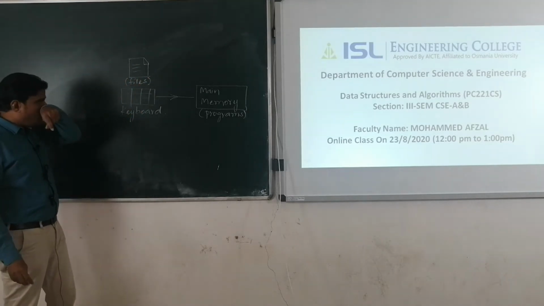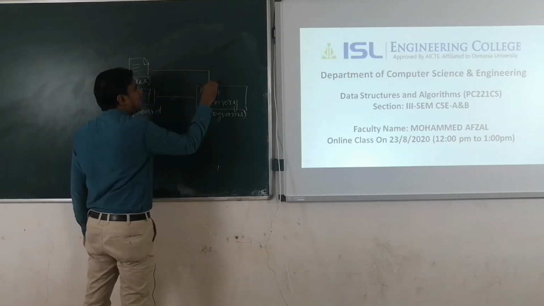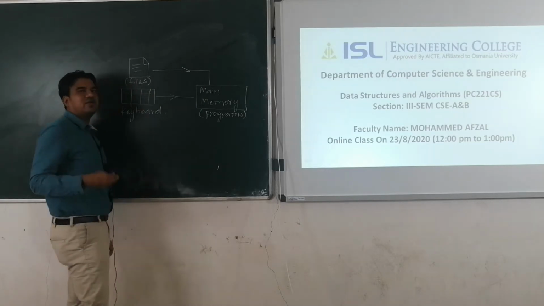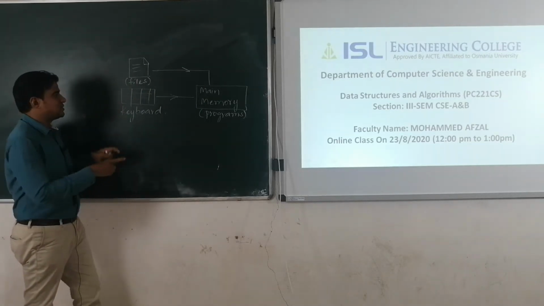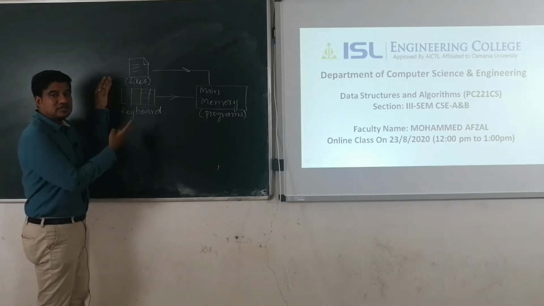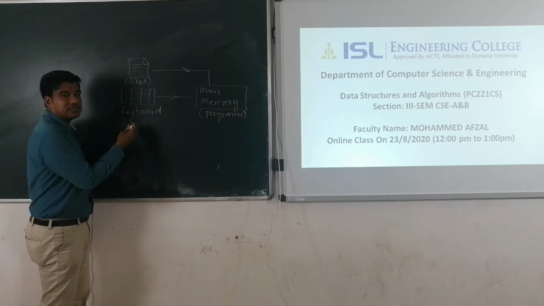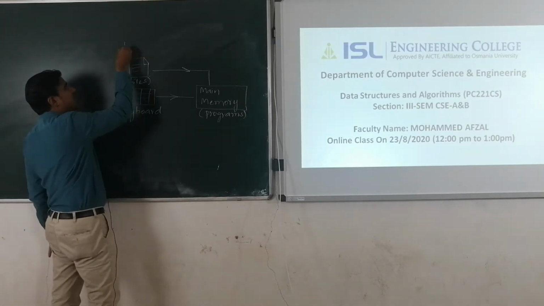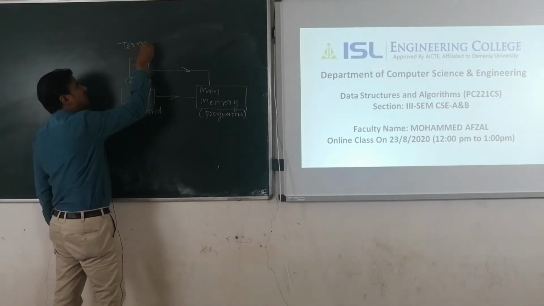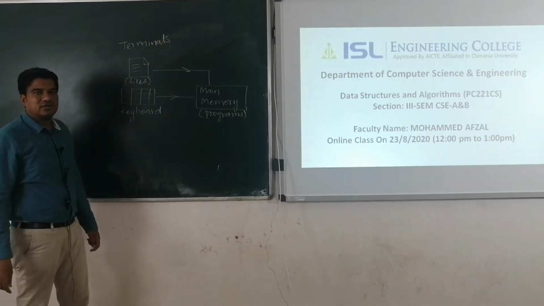How many possible input terminals do we have to your program? We have two possible terminals. These are endpoints from where the data will be generated. That is the reason why we are calling these things terminals: a file terminal or a keyboard terminal.